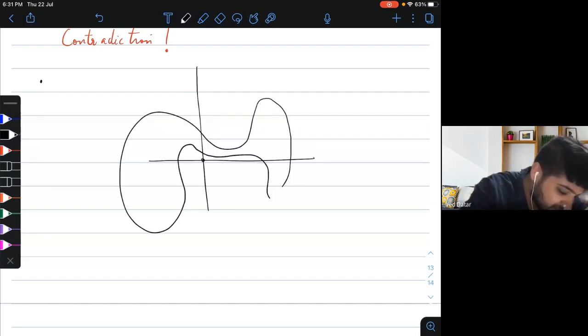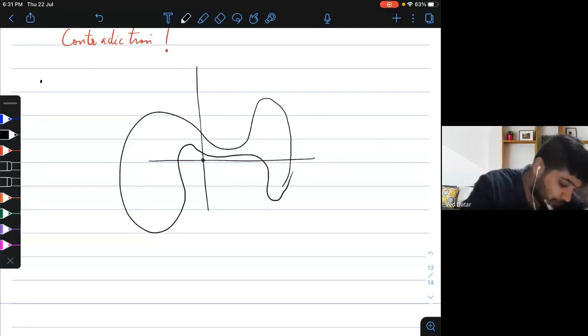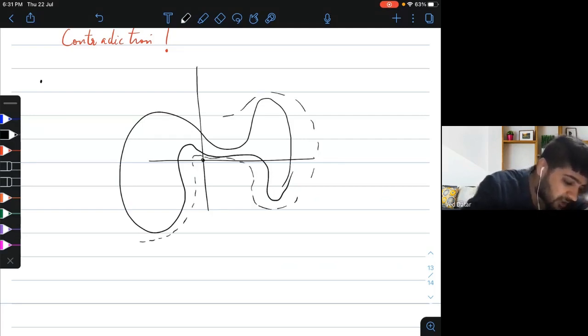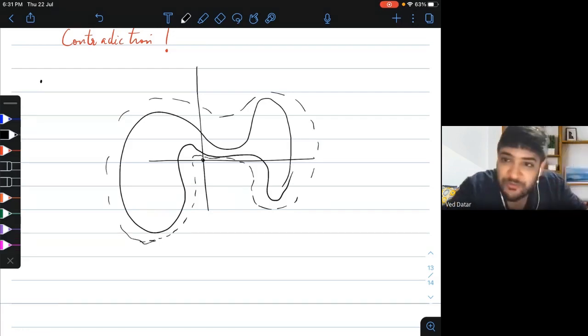So if it's a curve of this sort, even then, let's say your open set is basically some neighborhood of this curve, which does not contain 0 in the interior. Then there will actually be a holomorphic logarithm inside this.